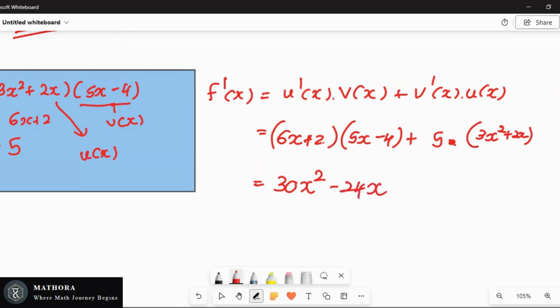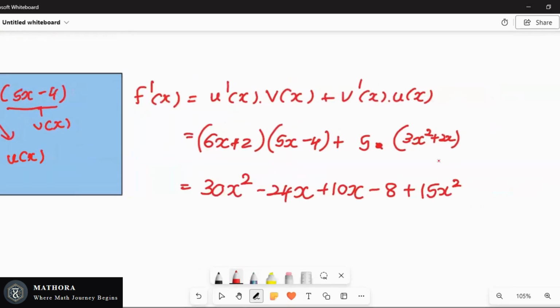Then let's take 2 times 5x, that will be 10x, and 2 times minus 4 is minus 8, plus 5 times 3 times x to the power of 2, that means 15x squared, plus 5 times 2x, that means 10x.